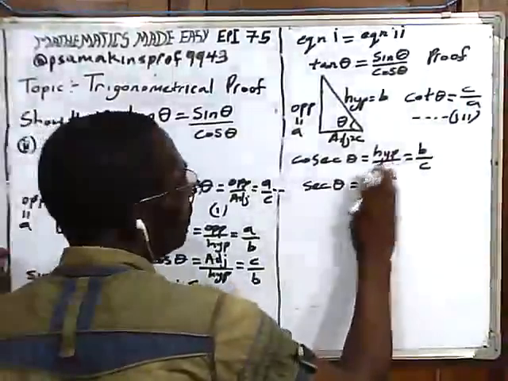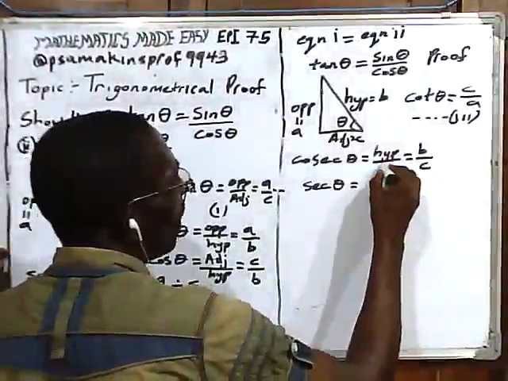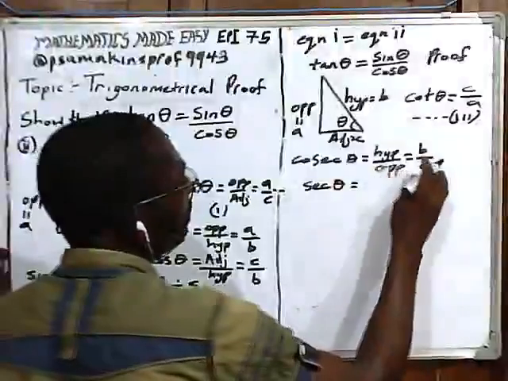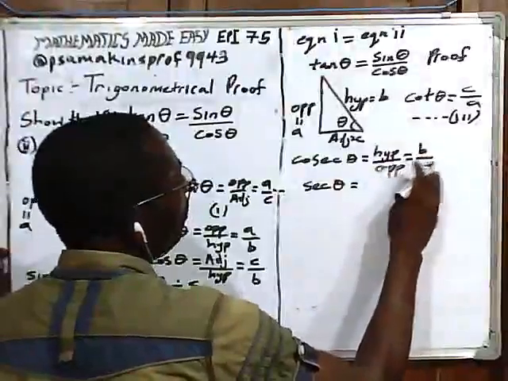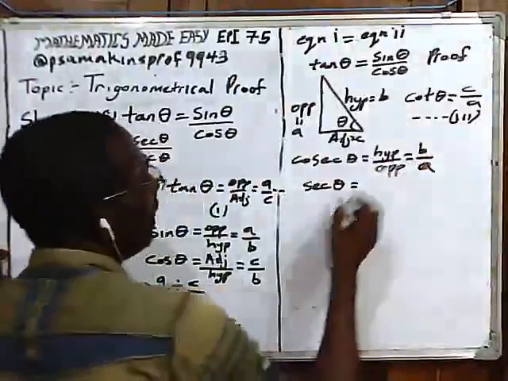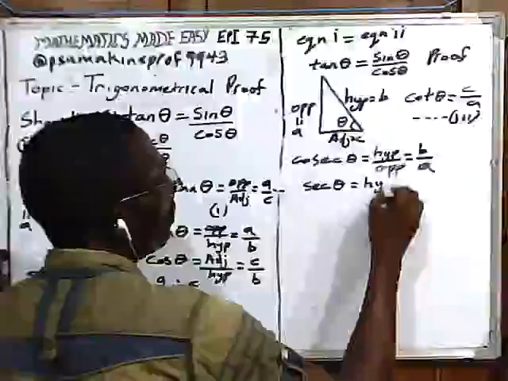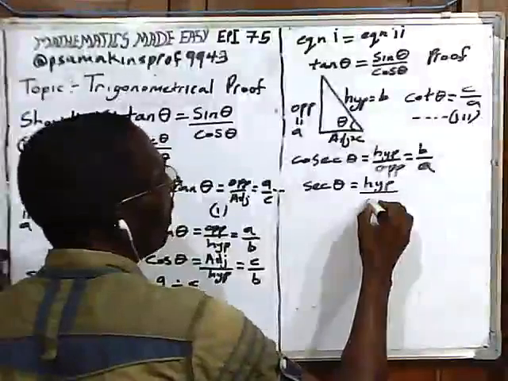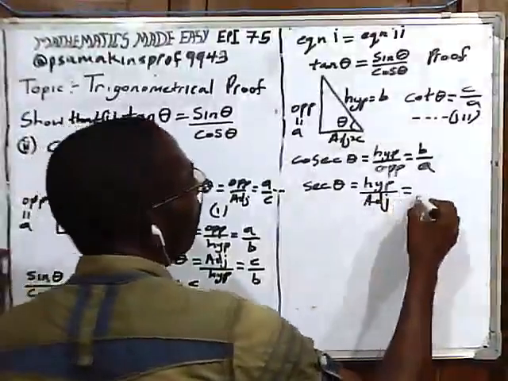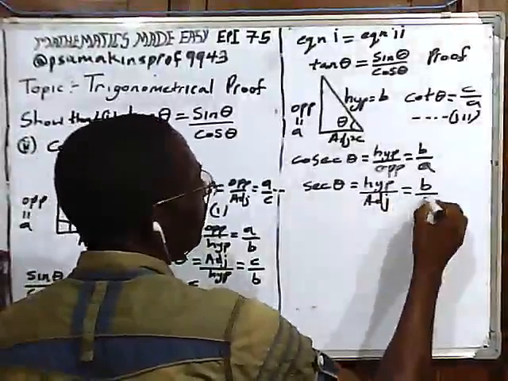So it is hypotenuse over opposite, which is B over A. Then sec theta is going to be hypotenuse over adjacent, and that is B over C.